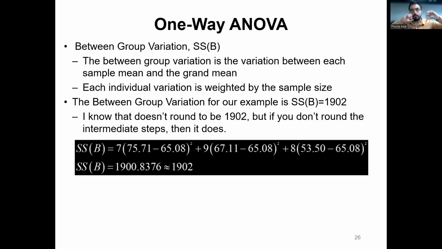We subtract the grand mean from the mean of each group, square it, and then multiply that by the sample size, plus the second group plus the third group.